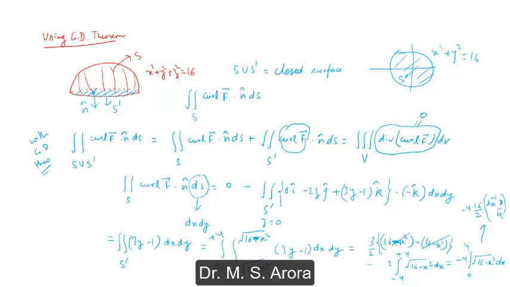If we substitute the limits 0 and 4, we will get minus 32, and sine inverse 1 is pi by 2, so we are going to get minus 16 pi. So the same answer we are getting again as we obtained with the help of Stoke's theorem.